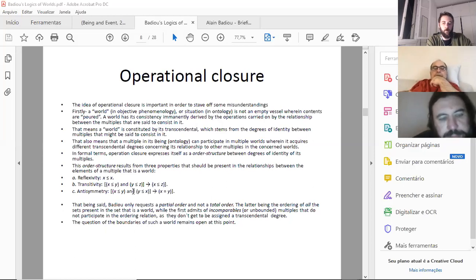So he's talking about these operations. These operations belong to the transcendental, not the world itself. So in this case, what I'm saying is X, Y, and Z here are not multiples, but degrees of appearing of multiples. You're right. I agree. So yes, these are degrees of appearance.